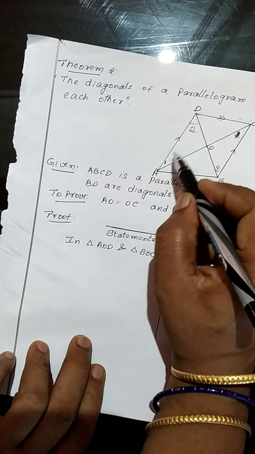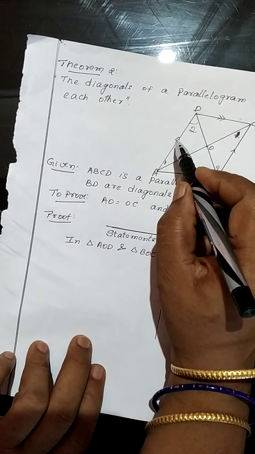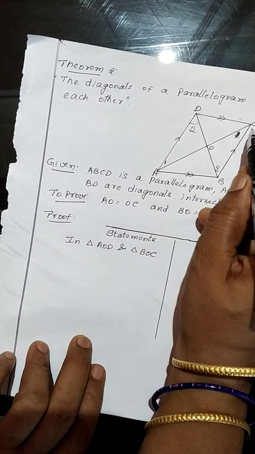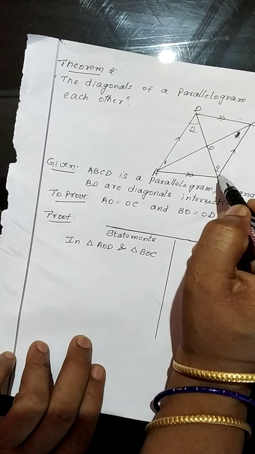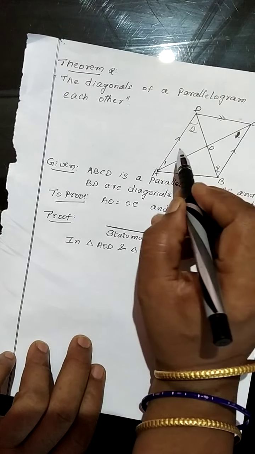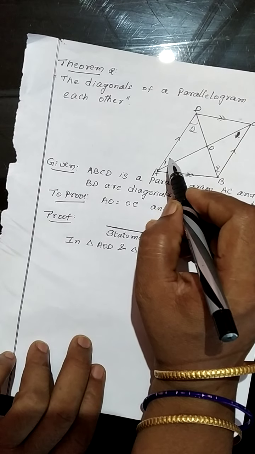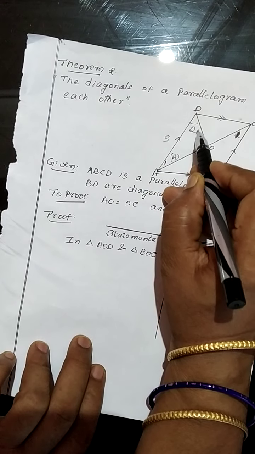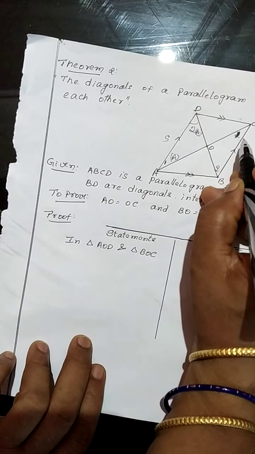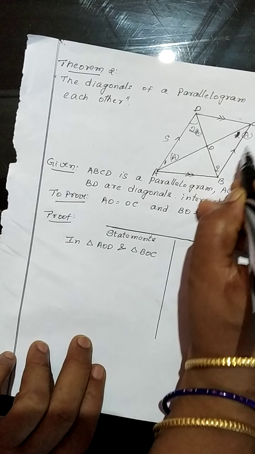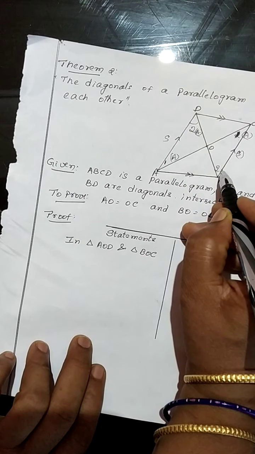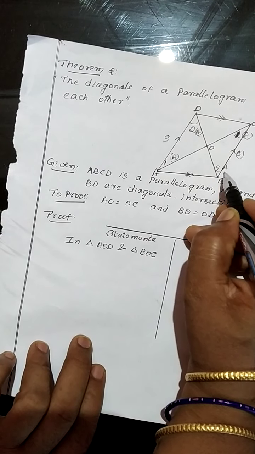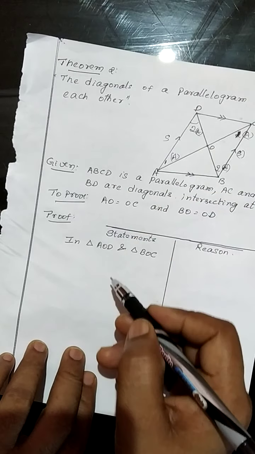Are they equal? See, this is one side of the parallelogram. In this triangle, BC is another side of the parallelogram, which are equal. Okay, now you got one angle, side and another angle. So now you must be knowing which axiom you are going to use, that is ASA congruency rule.